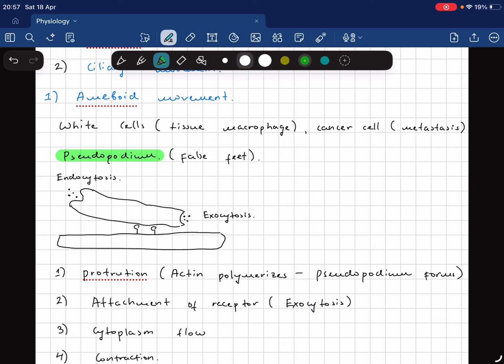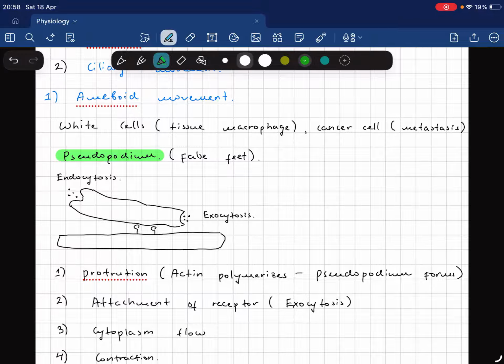In our body, white cells can move, for example, they become tissue macrophages, and our cancer cells can also move. It is called metastasis if the cancer cell moves. And there is a really important term, the pseudopodium, which means false feet.